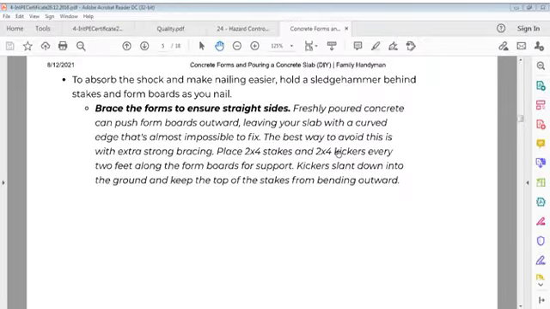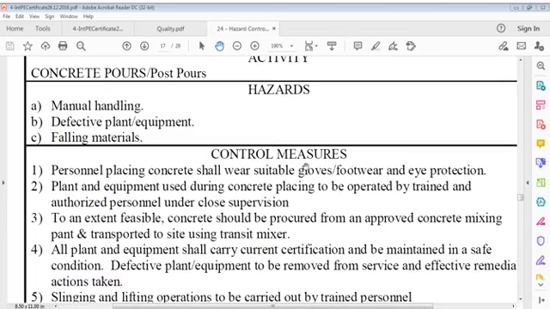Brace forms to ensure straight sides. Freshly poured concrete can push the boards outwards, leaving your slab with a curved edge. That's almost impossible to fix. The best way to avoid this is with extra strong bracing, with stakes into the kickers.